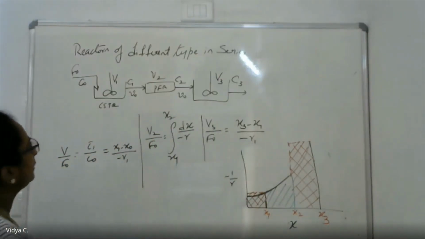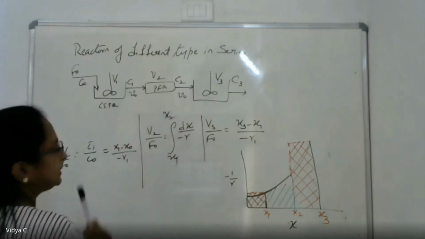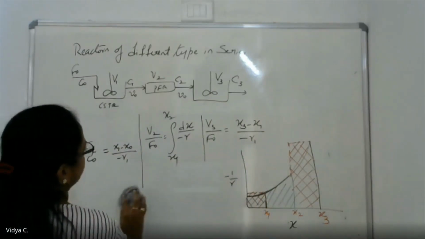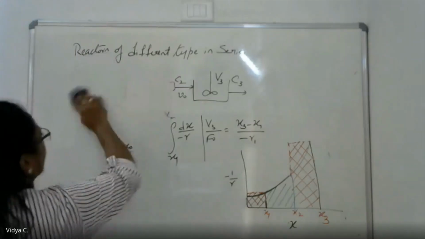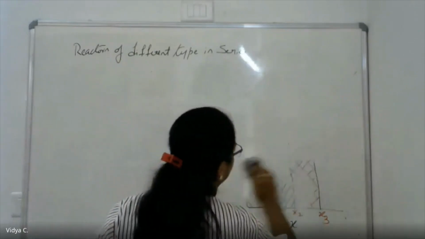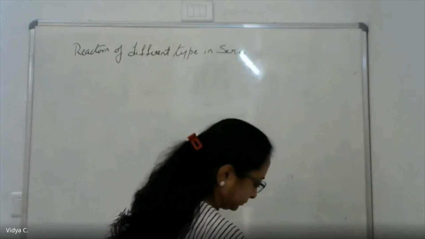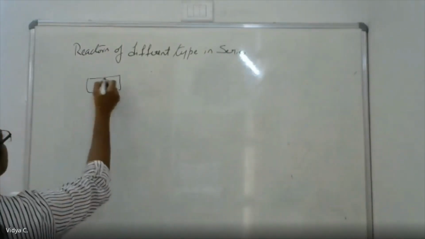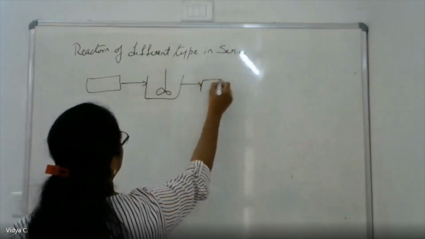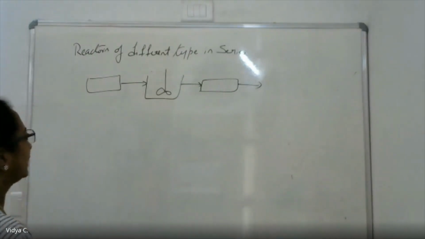Now if I'm going the other way, like I'll take two PFRs here and a CSTR here. Let us study that also. Two PFRs and then a CSTR. So now you have overall ideas when to use PFR, when to use CSTR.